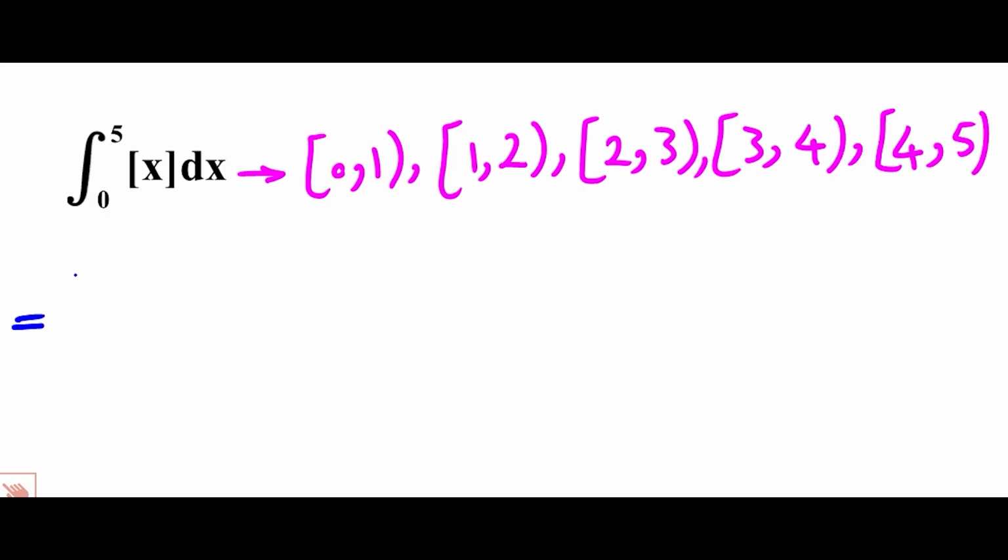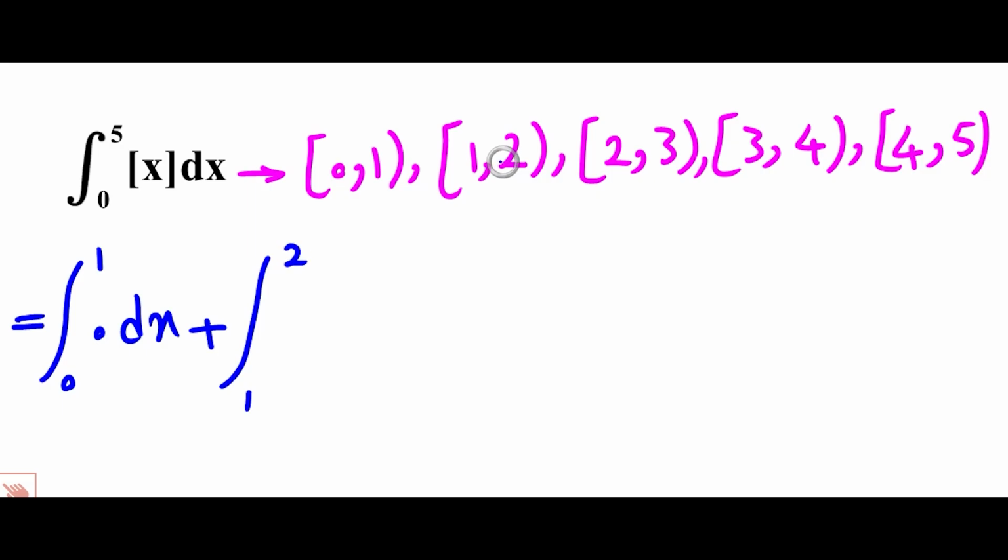So we have the integral from 0 to 1. As you know, on the interval from 0 to 1, the floor of x is 0. So we have 0 dx plus the integral from 1 to 2.